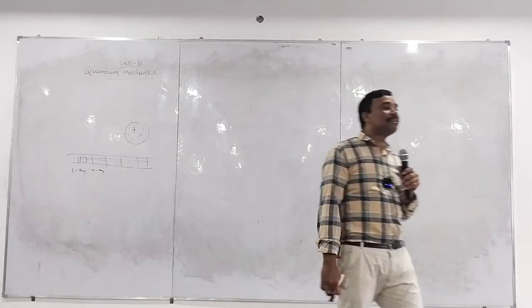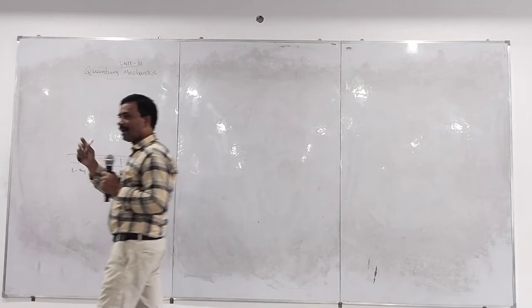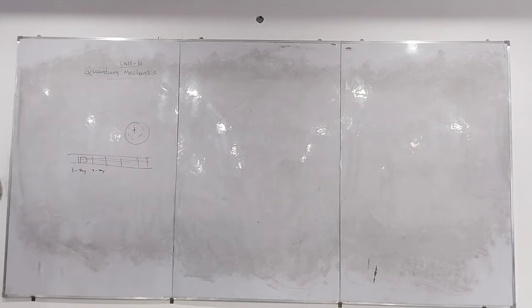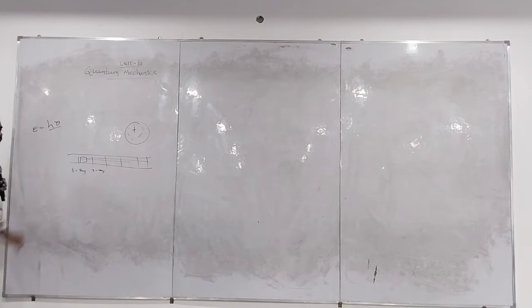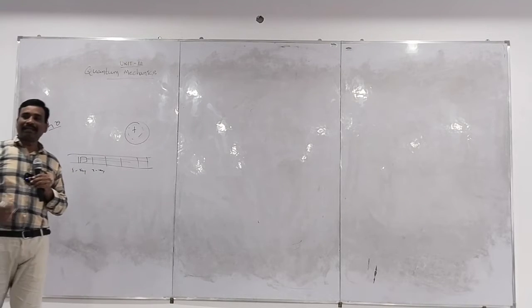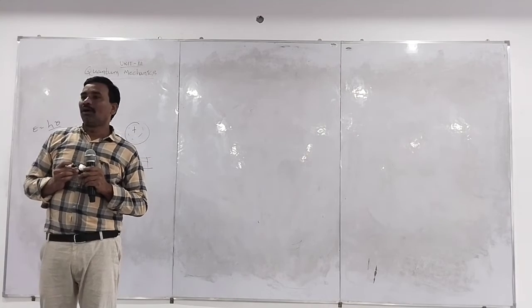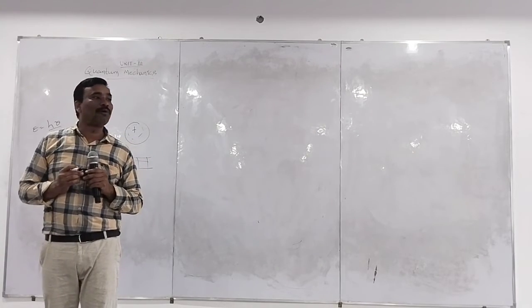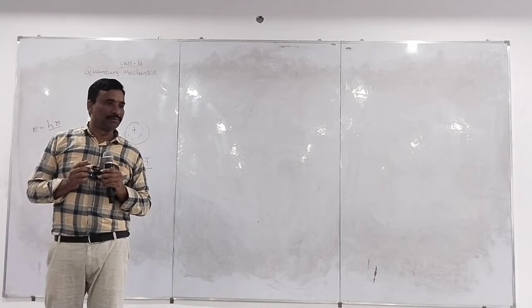It is quantized values. The fundamental value may be some energy, suppose h nu. The energy can be emitted or absorbed by the body in terms of quanta or photons. The energy of a photon is h nu.